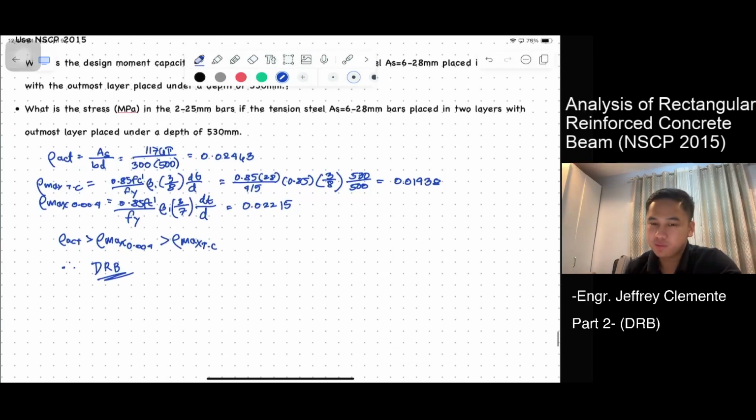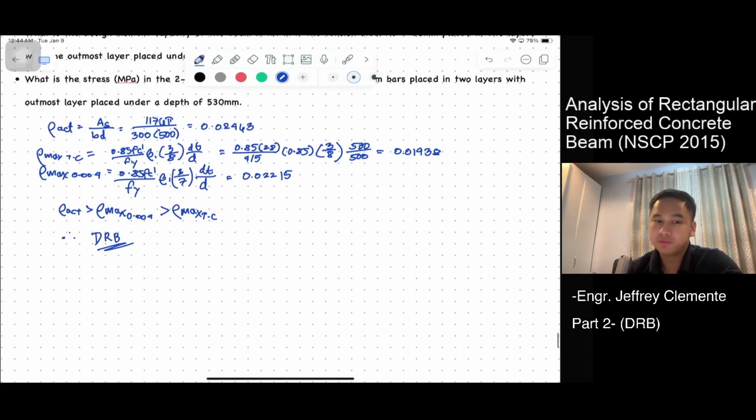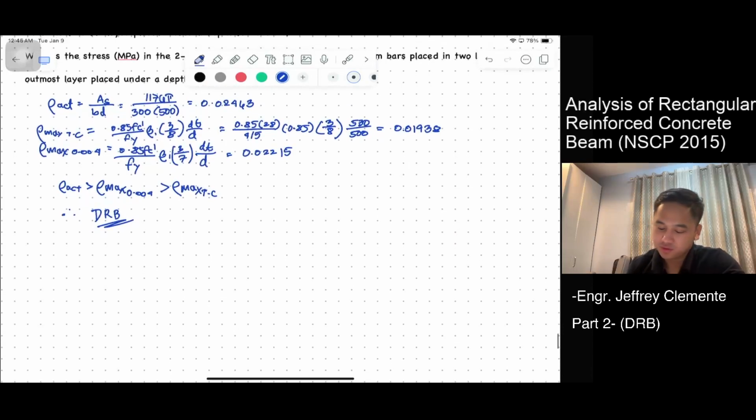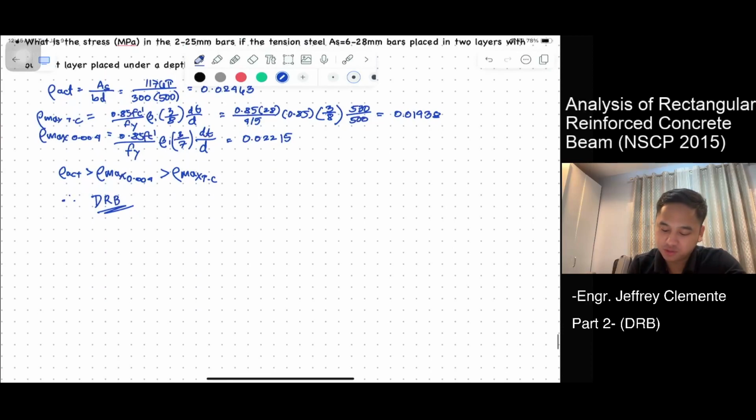So, para malaman natin yung moment, ano ba yung unang hinahanap natin? Diba? We solve for a. Diba? How? So, in this case, we will be using Cc plus Cs is equal to T. Okay? So, ang Cc natin, madali lang. 0.85 f'c ab. Diba? Ang Cs natin, that is just the steel ng compression side. So, that is As prime, fs prime.